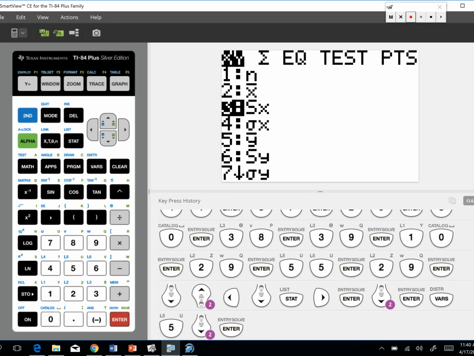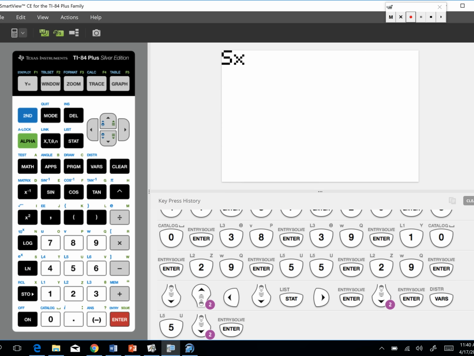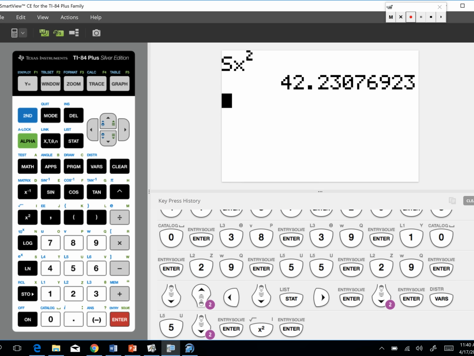If we hit enter on that and square it, it gives us our sample variance. So the calculator will do that for you. It will store the exact value for that sample standard deviation for you, and then you can square it. Now, if you just want to go with the 6.5 and then square that, put that in the formula, that's okay. This is just another option for you.